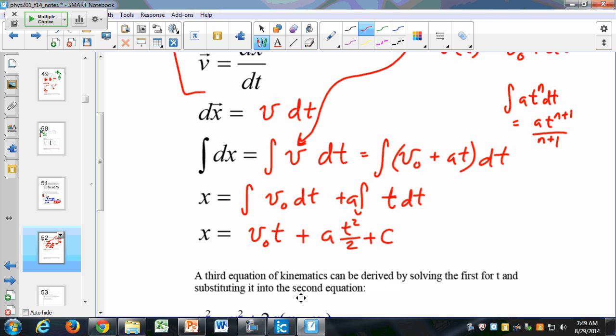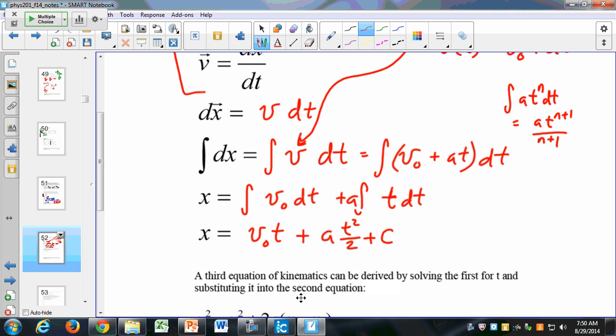And then we have to add that integration constant. What is our integration constant going to be in this case? Now in the previous case where we were doing velocity, our integration constant was our initial velocity. What is it in this case? What's our integration constant? What's our initial condition? It's x naught. Very good.